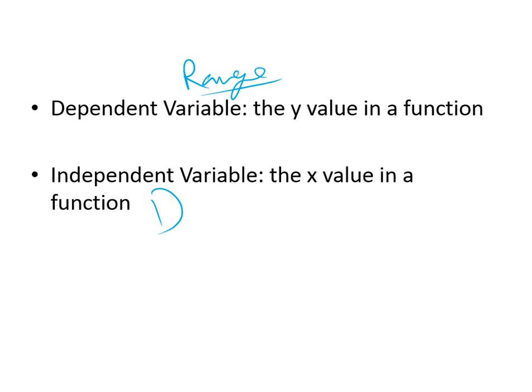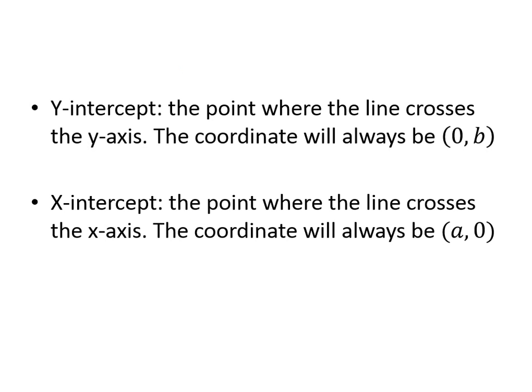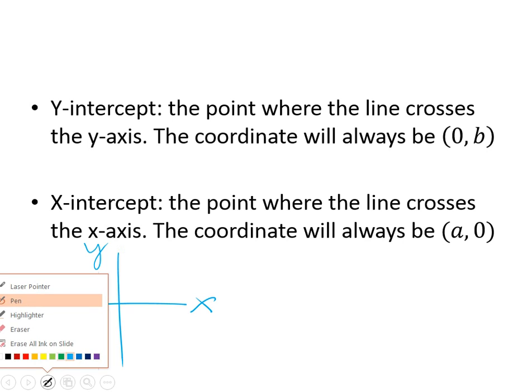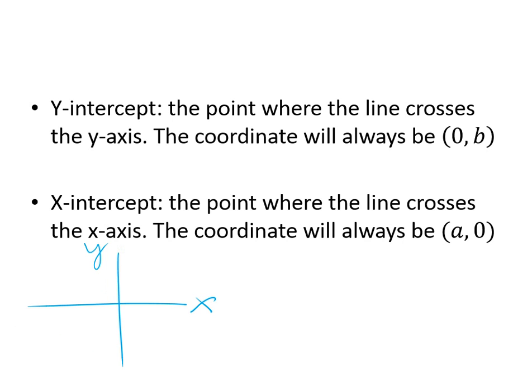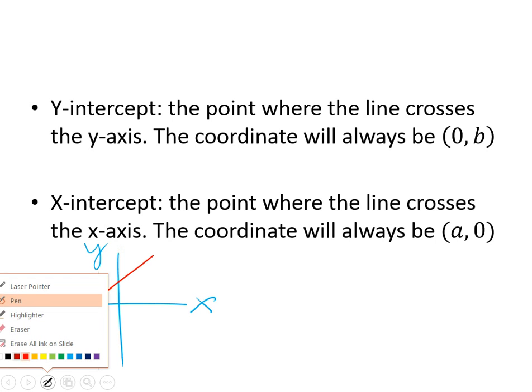Alright, so now your x and y intercepts. Your x and y intercepts are where you cross your x and y axis. If you remember, we have our x-axis and our y-axis on our coordinate plane. Let's say we draw this line. I just drew a line through those two.